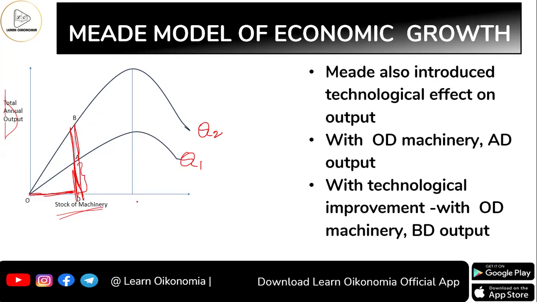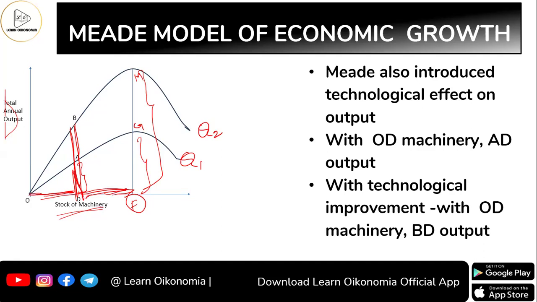Similarly, if this is called F, if this is called G, and if this is called M, with technical progress, you can produce FM level of output when you use OF level of machinery. But if you're not having technical progress, you can only produce GF level of output with OF level of machinery.